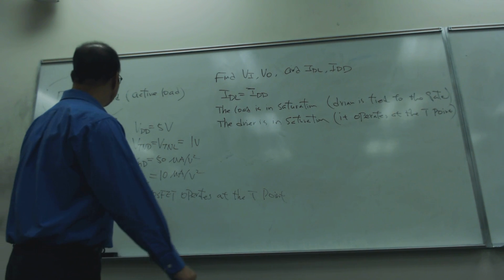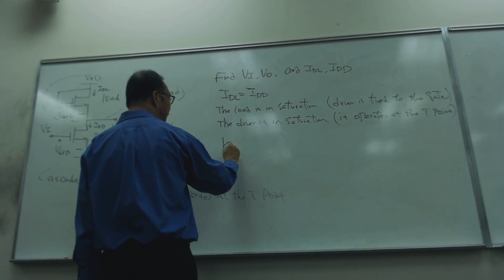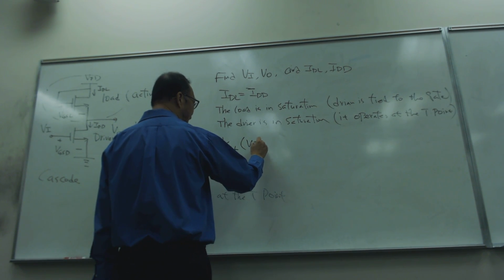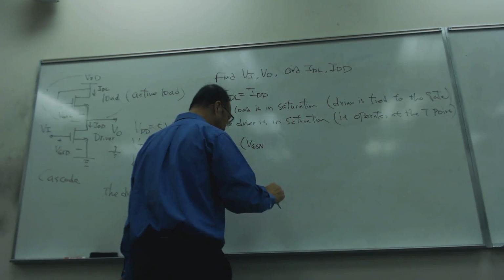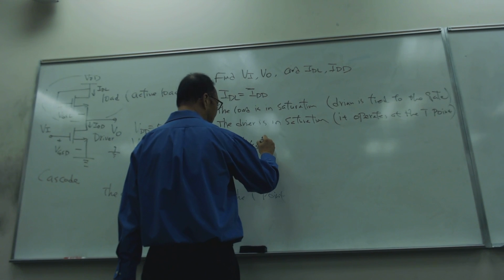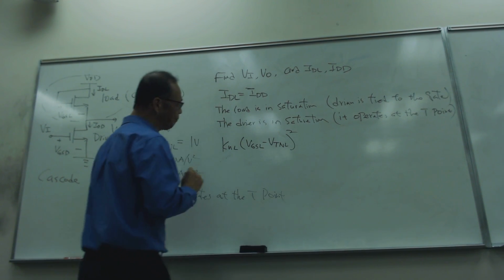Okay, so this is equal to that, and this equation is KNL (VGSL minus VTNL) squared, right?